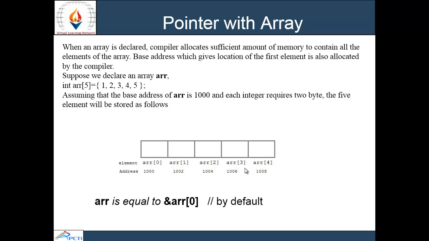When we are not declaring any element location of the array, for example &a[0], then it will dynamically take &a[0] equal to ar.